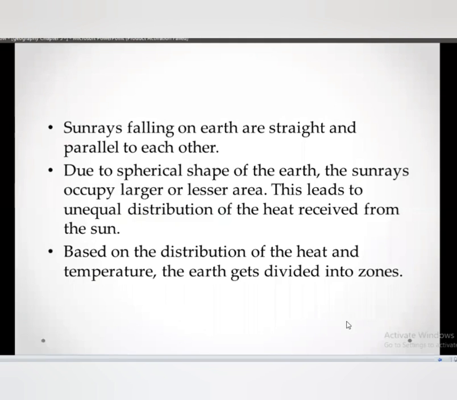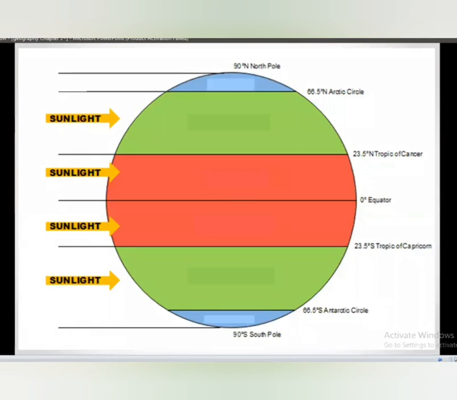Let's see a figure. In this figure, we see the earth distributed in colors according to the important parallels. Now, this is the equator and in this region, we know that the sun rays are perpendicular or exactly straight. That is why here there is more heat.